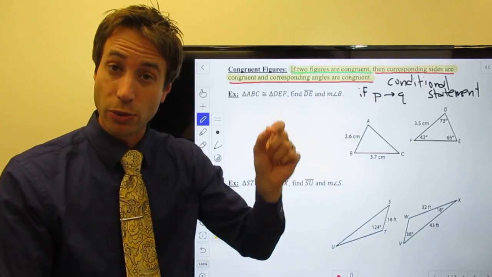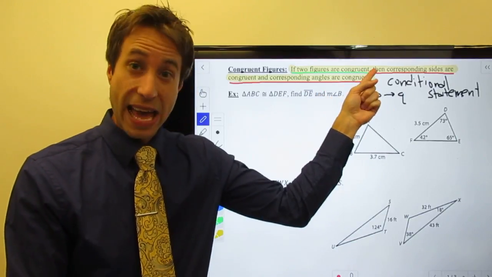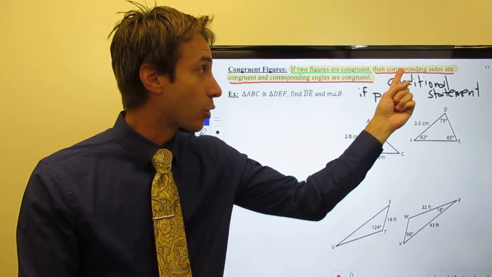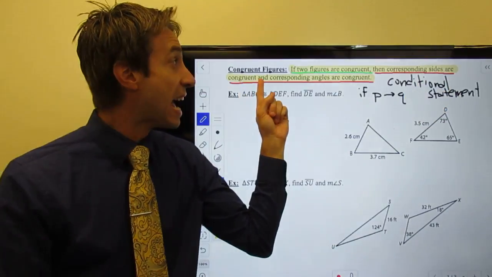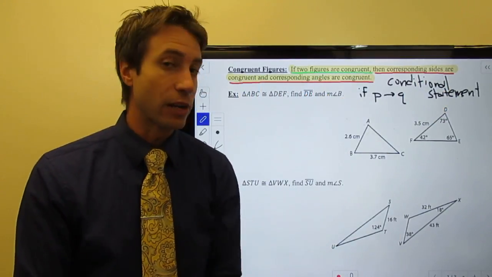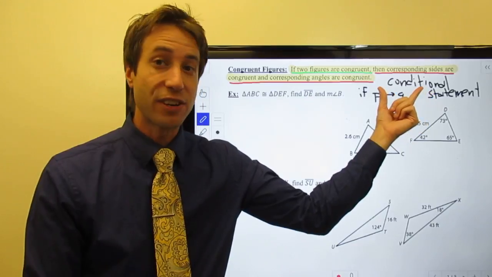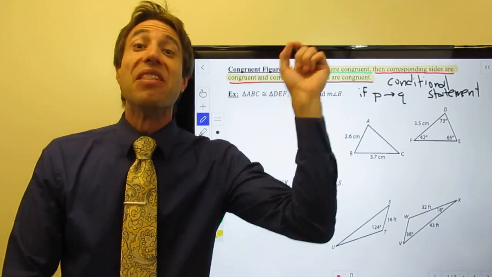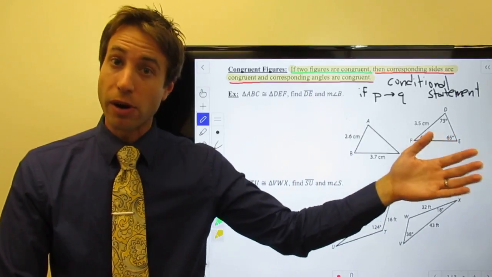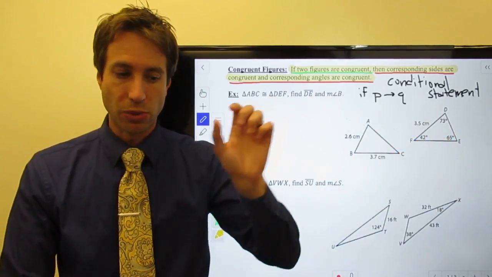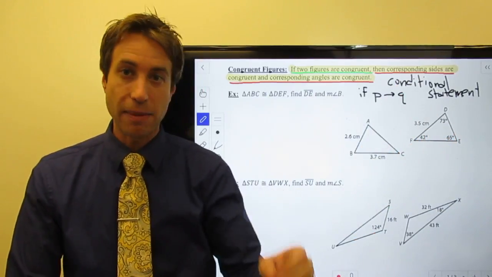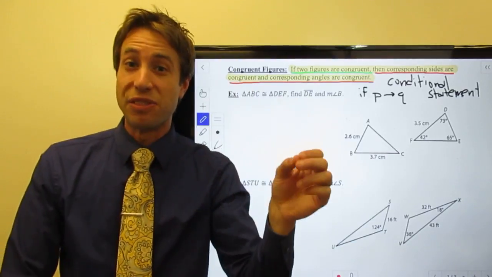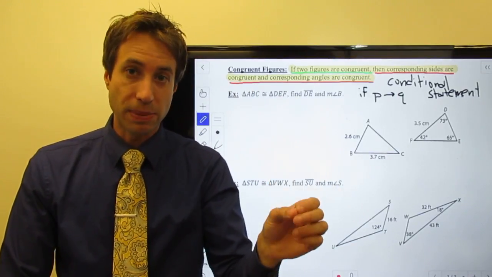Then Q, corresponding sides are congruent and corresponding angles are congruent. What we have is a conditional statement: if the first part is true, then the second part must be true.